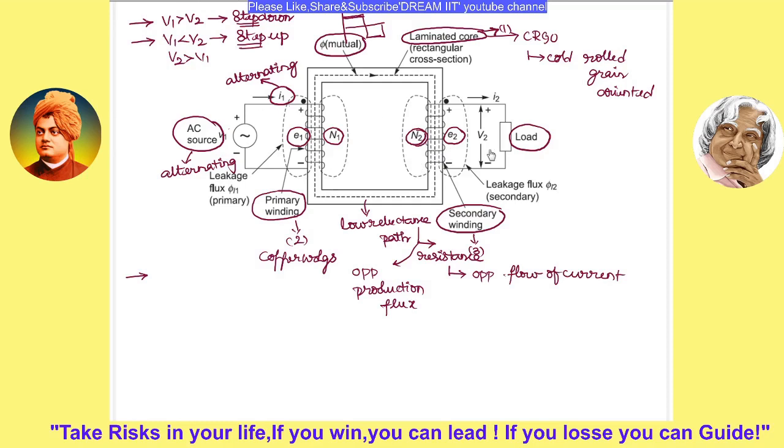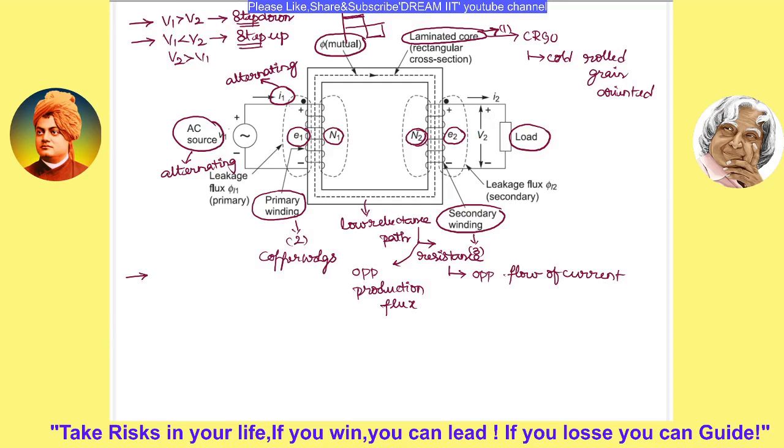Because of this E2, there will be some voltage here, so the current starts flowing to the load. As the load is there, the current is flowing, and definitely there will be some voltage drop. That is the working principle of the transformer.